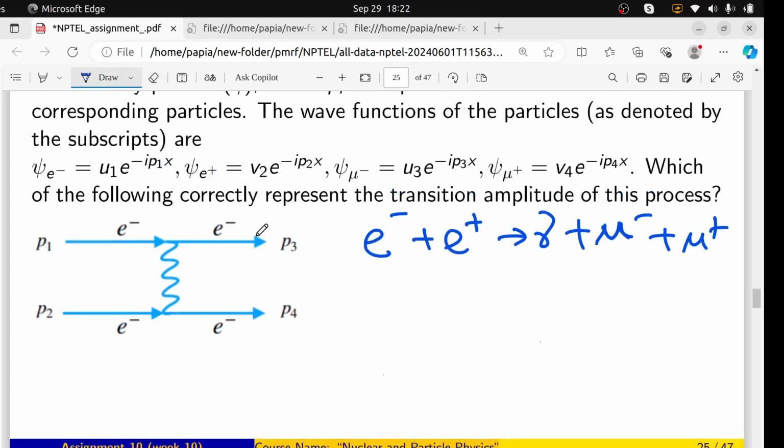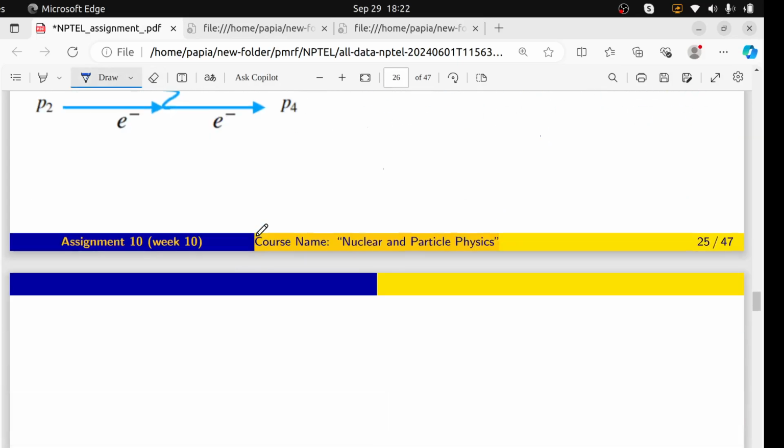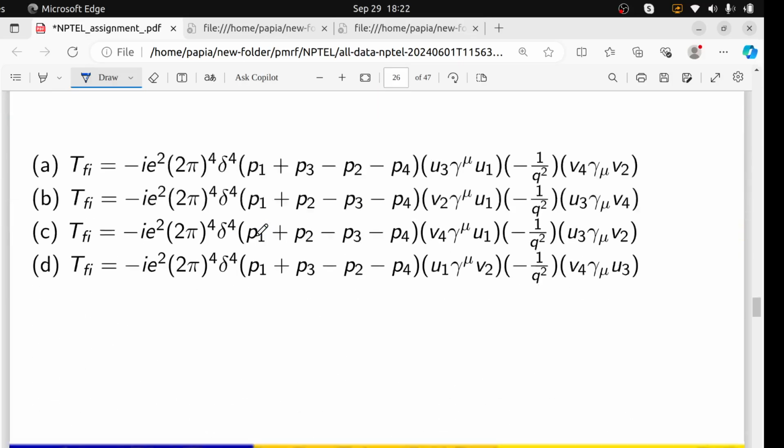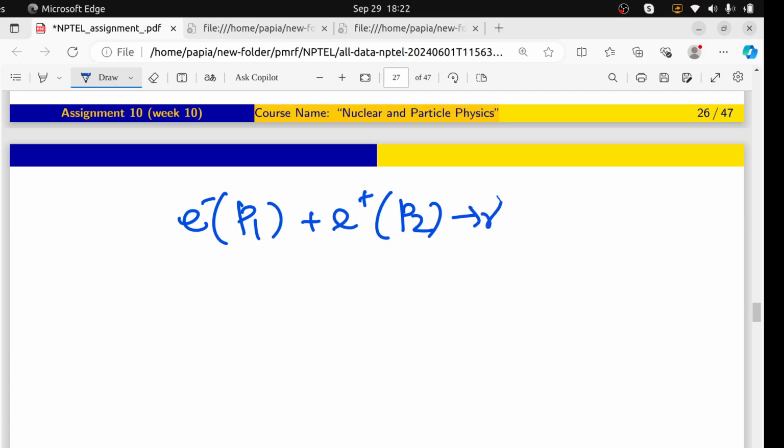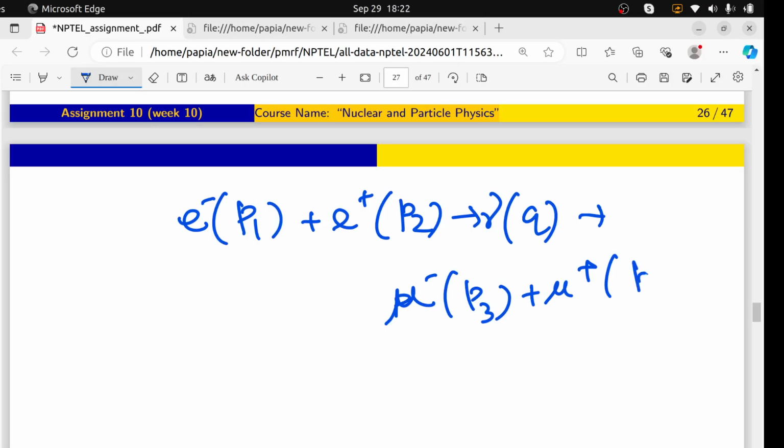At least one Feynman diagram I can write properly. Let me write here: e minus P1 plus e plus P2 going to gamma Q going to mu minus P3 plus mu plus P4.